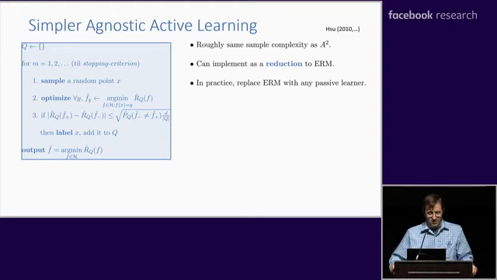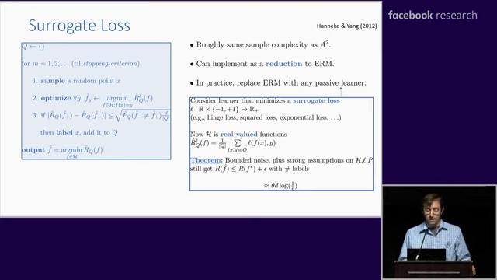Basically, what you would do in practice, as I said, empirical risk minimization can be challenging to run. So let's just use a different passive learning algorithm there. That's one way to make these algorithms practical: express it as this kind of reduction and then plug in a different learning algorithm. In the general case, if you plug in any passive learning algorithm there, maybe you'll lose the theoretical guarantees. But in some cases, you can still maintain some guarantees.